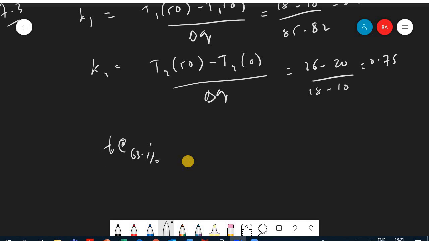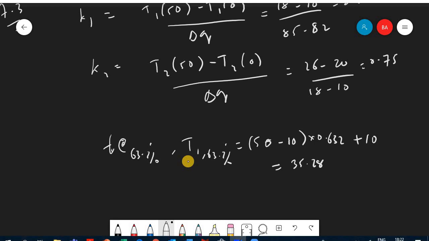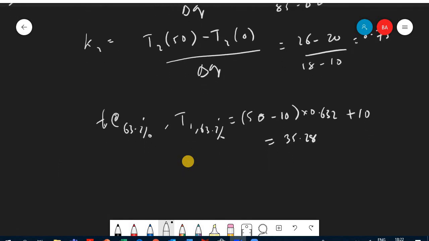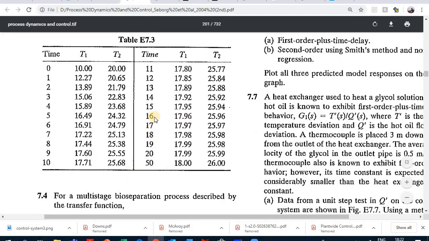I need to find T1 at 63.2%, which is equal to 50 minus 10, times 0.632, plus 10, the initial, and that is going to be equal to 35.28.